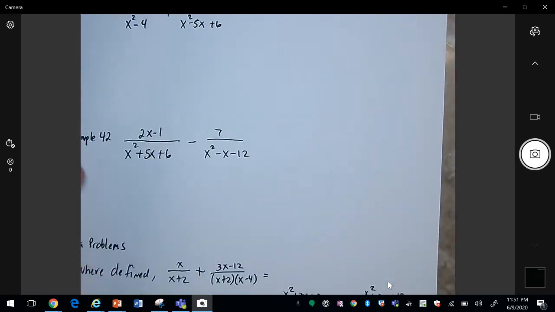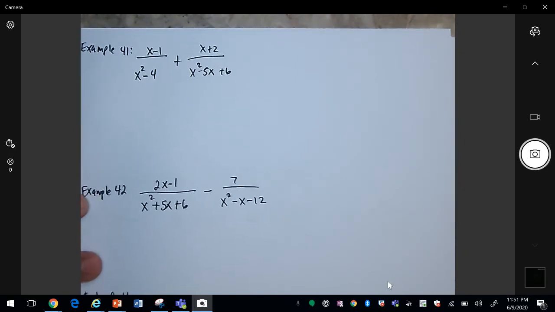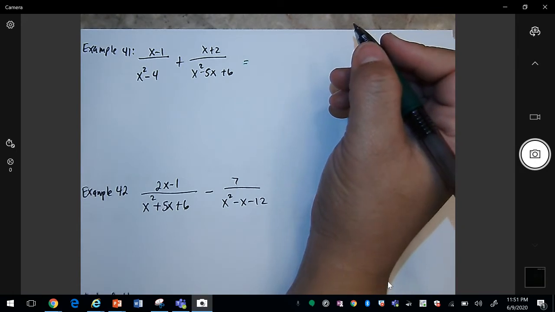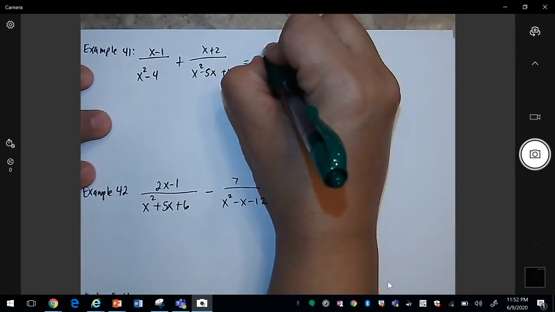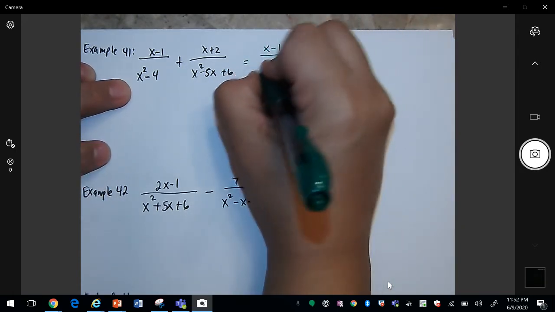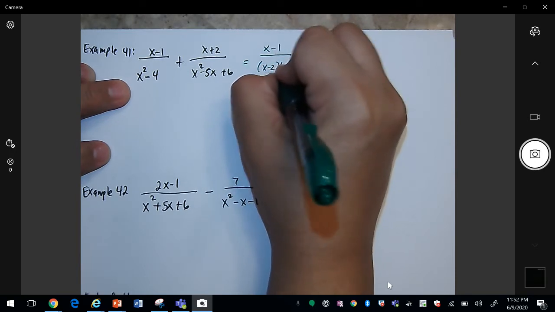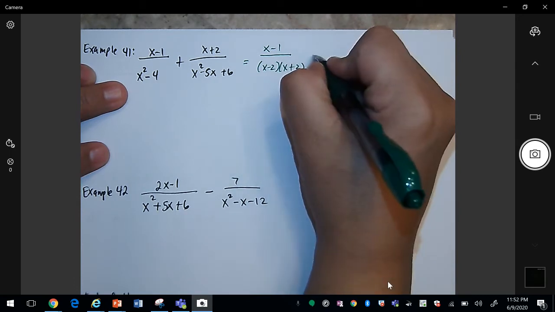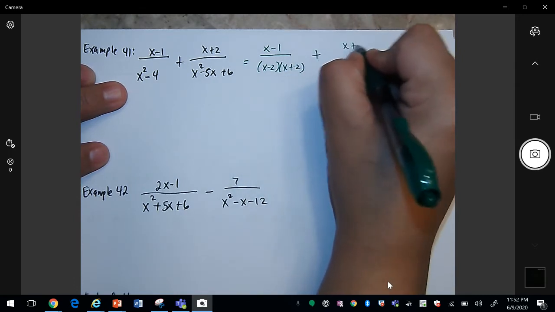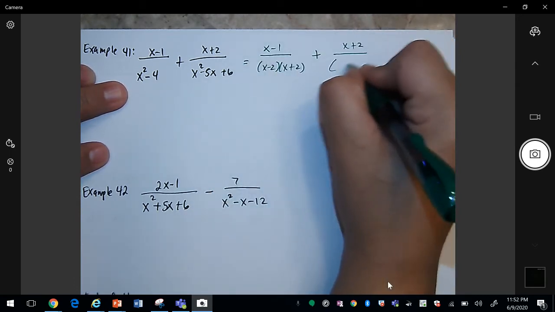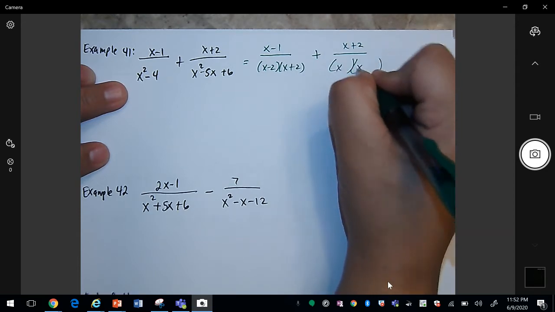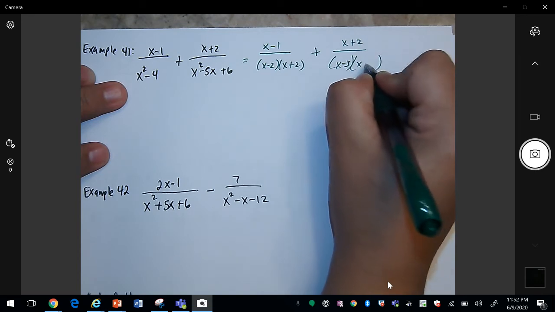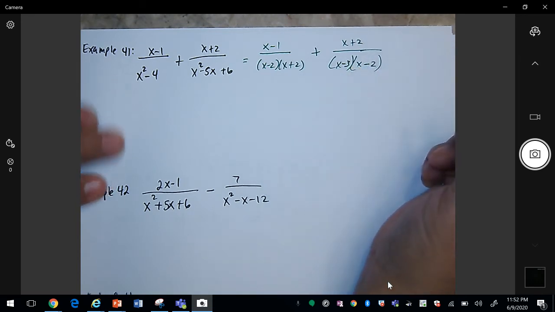Example 41, we want to add the fractions. So first we need to factor any terms that we can. So I get x minus 1 divided by x minus 2 times x plus 2, or x squared minus 4, plus, here we need the 6 to be positive, so that's going to be a minus 3 and a minus 2.